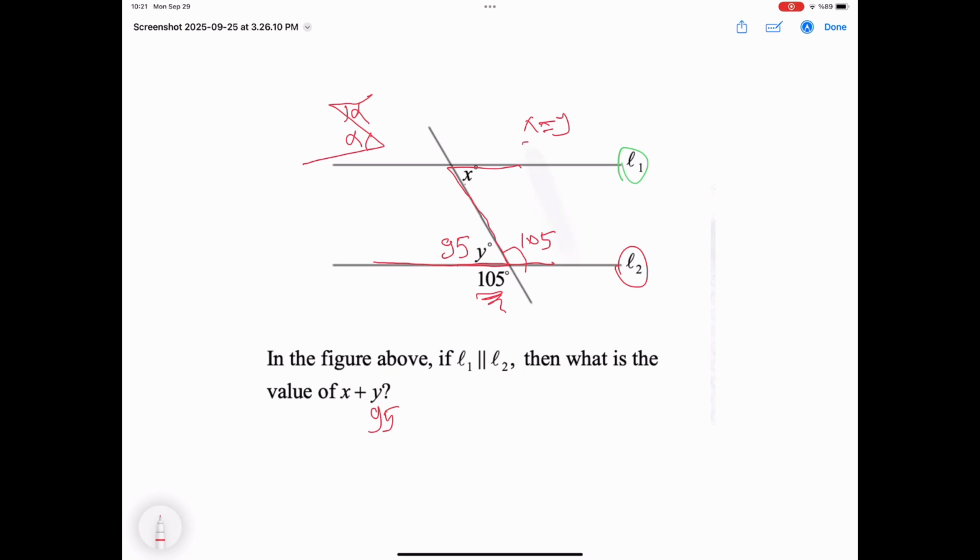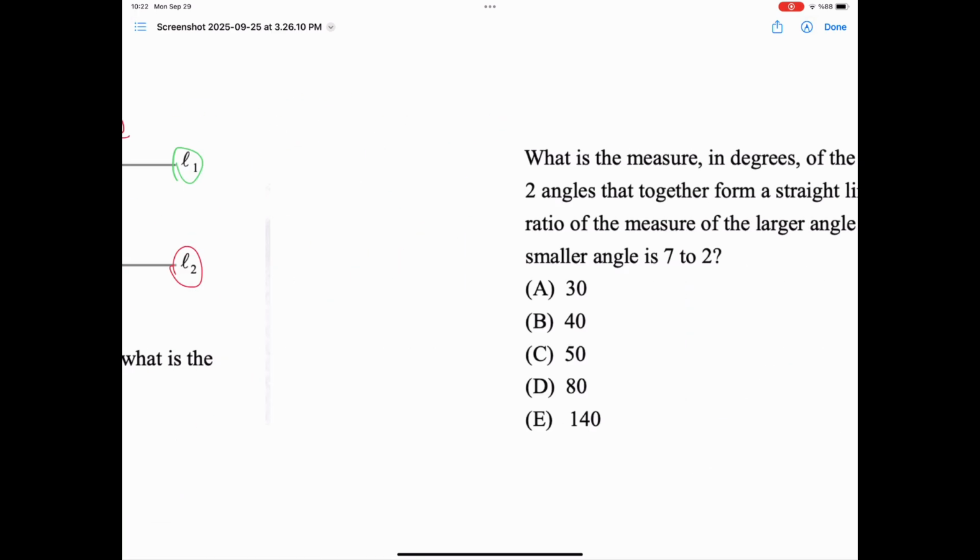So what about x? We know that x is equal to y, so it is 95, but we can find this using these two angles as well, because their total should give us 180. If this is 105, we are left with again 95. So 95 plus 95 is 190, the answer.